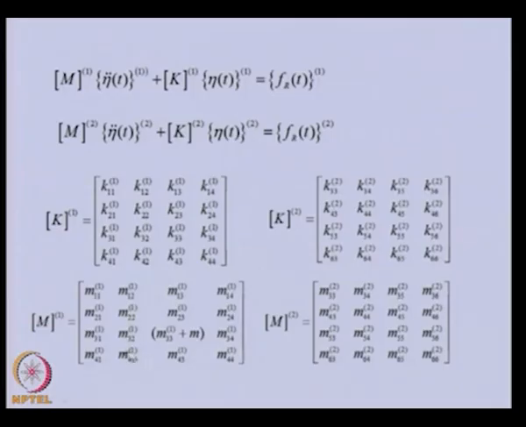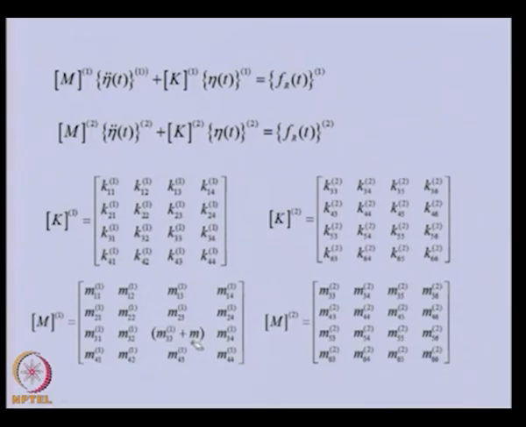Because at node 2 we have a concentrated mass, that is a point mass, in the diagonal term the mass of the disk is also appearing apart from the mass of the shaft. The other terms belong to the mass of the shaft; only this term is from the disk.